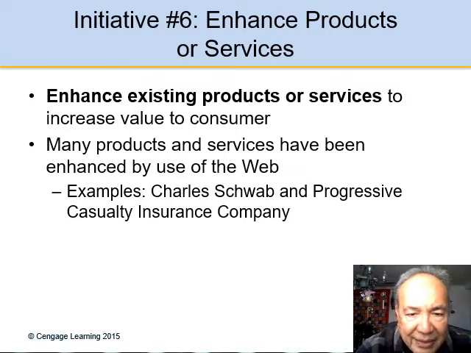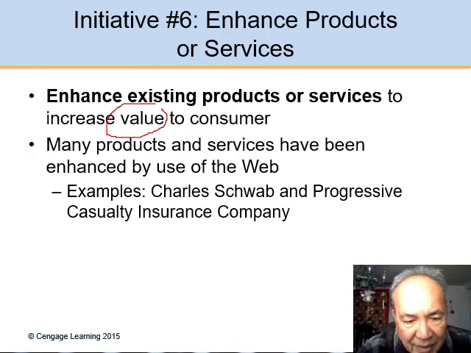Number 6, enhance product or services. Enhance existing product or services to increase value to the customer. Many products and services have been enhanced by the use of the web. Example, Charles Schwab that sells stocks, Progressive Casualty Insurance.